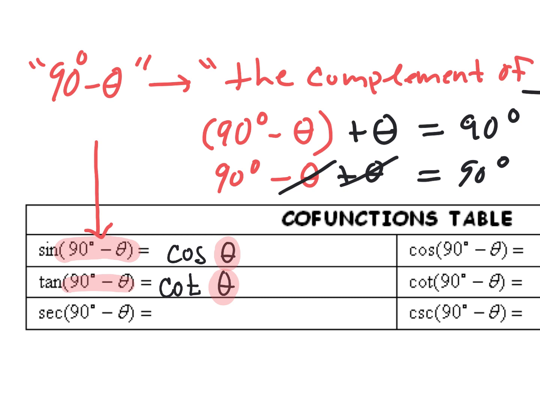And then secant of 90 minus theta has a cofunction. I could just put the prefix co on it. If I take secant and put co in front of it, I'm at cosecant. So that's just cosecant theta. Again, if these two angles on either side add up to 90, the cofunctions will be equivalent.